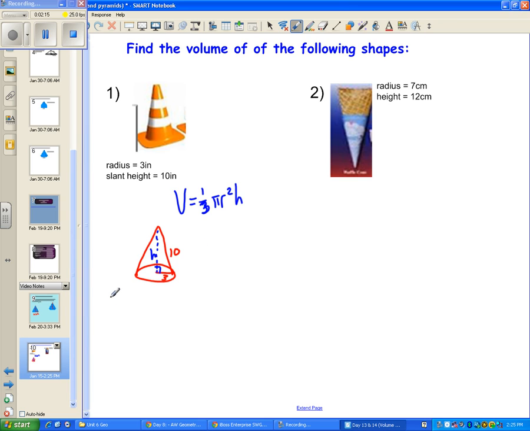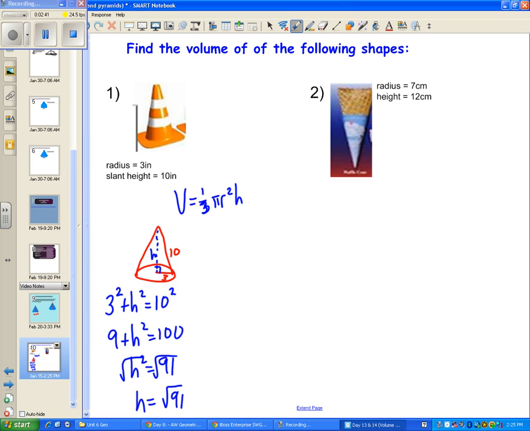So 3 squared plus h squared will equal 10 squared, which is 100. Then I get 9 plus h squared equals 100 when I multiply this out. Subtracting 9 across the equal sign, I get 91. Then taking the square root of both sides, h is the square root of 91.